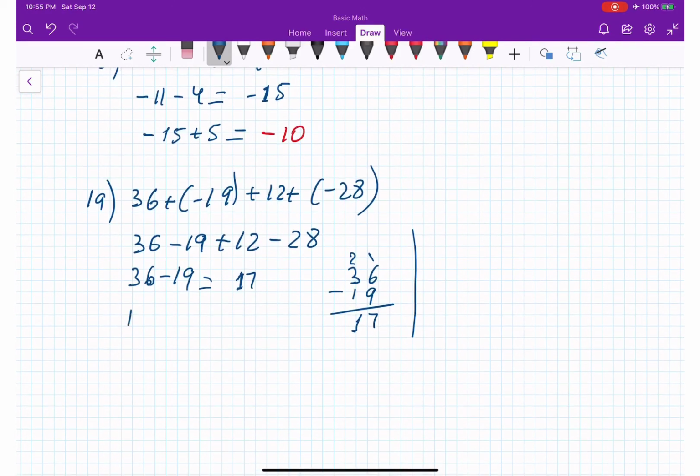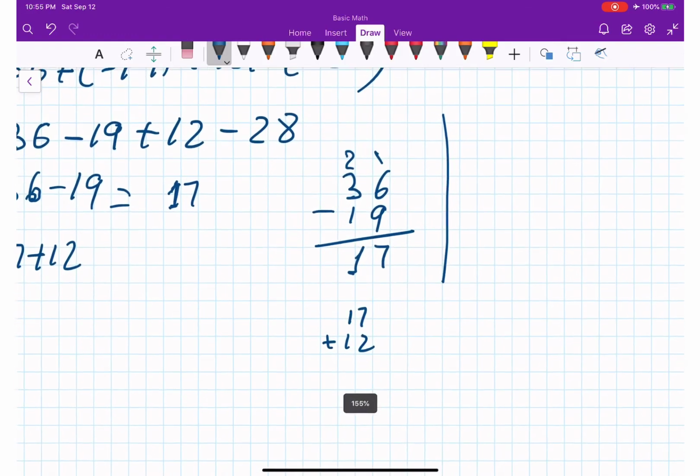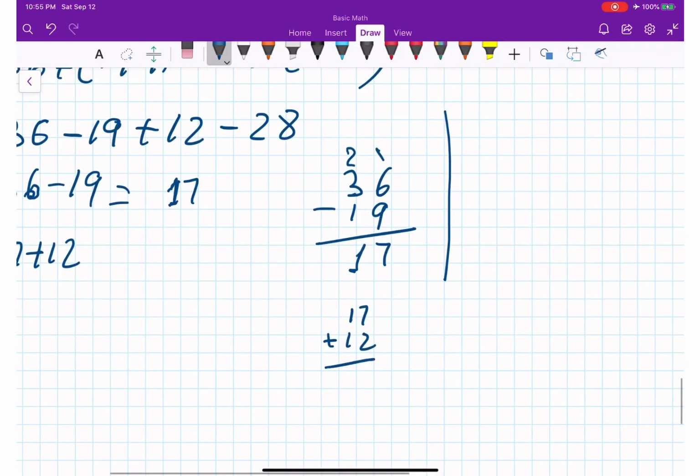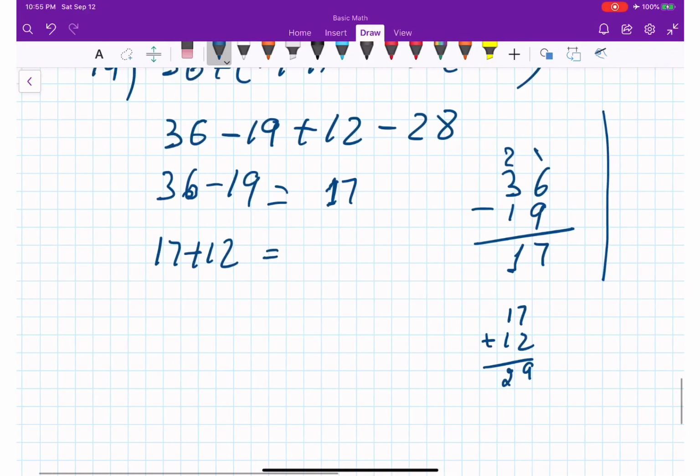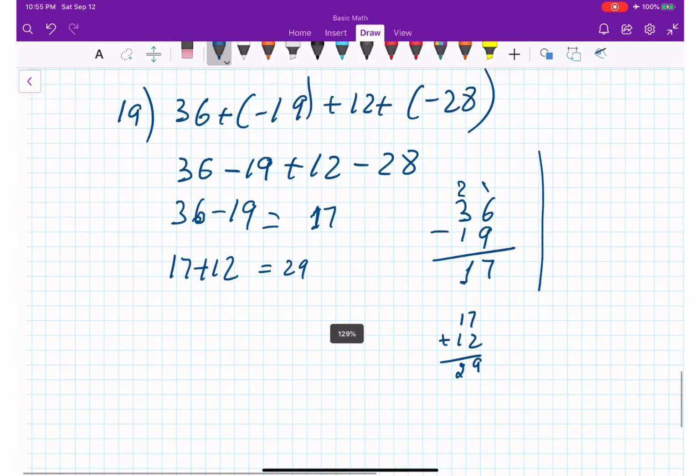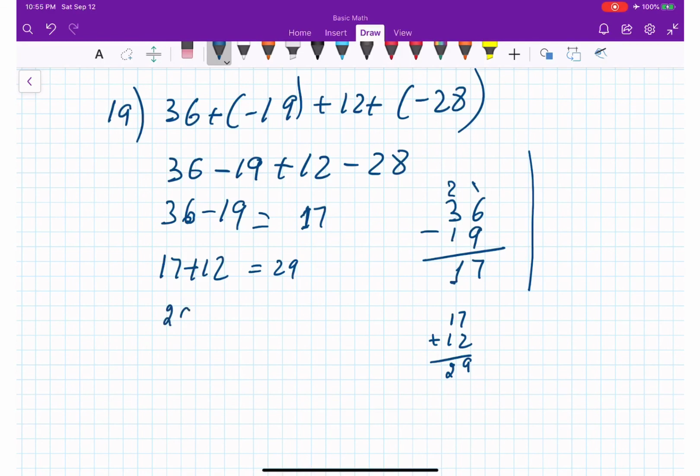Next, 17 plus 12. 7 plus 2 is 9. 1 plus 1 is 2, 29. Next one, 29 minus 28 is equal to 1 and positive.